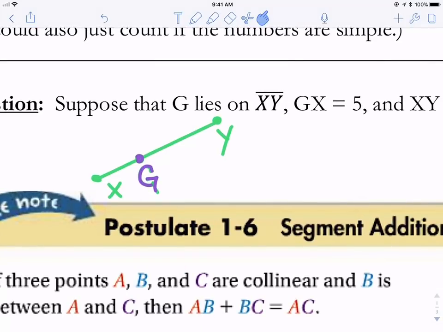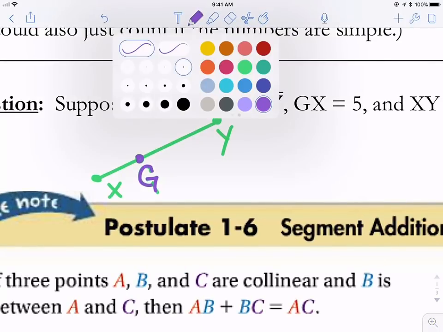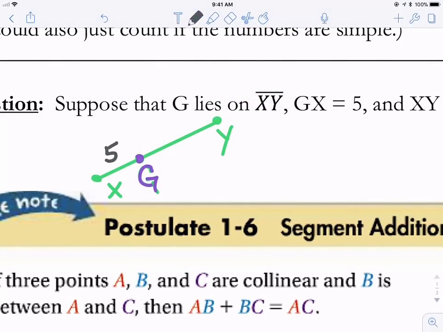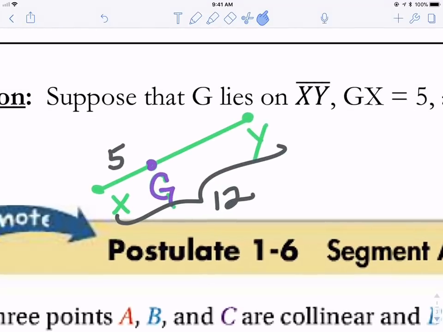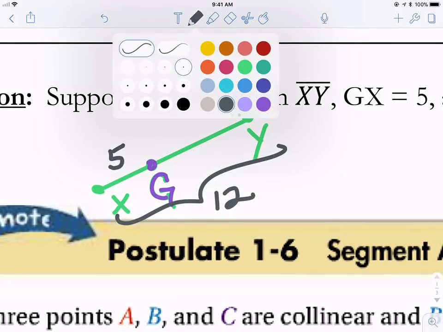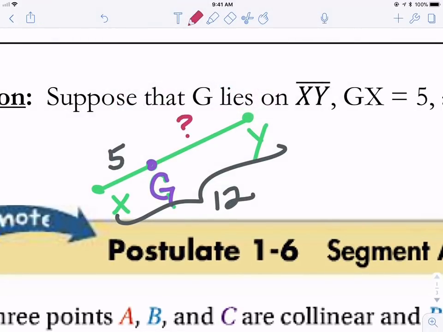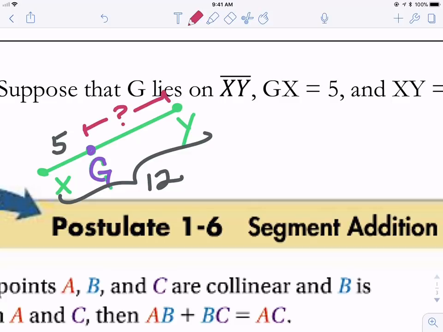Okay, and if you're told that GX is 5, so if you know that this is 5, and you know the whole segment length is 12, because it says XY is 12, how long would this segment over here, GY, be? Well, hopefully that's obvious that it's going to be 7 because 5 plus something has to equal 12. That something better be 7.